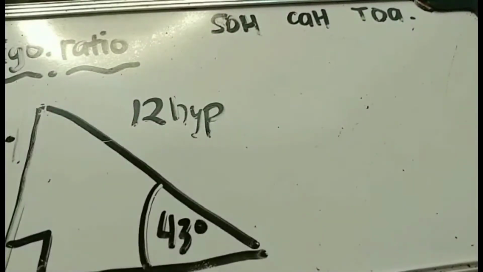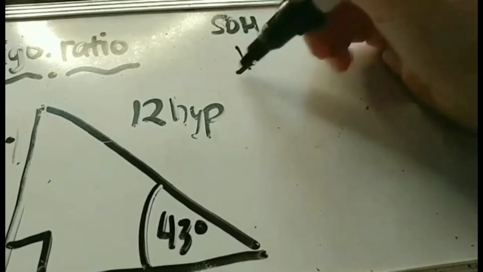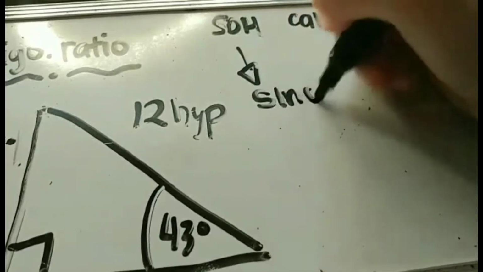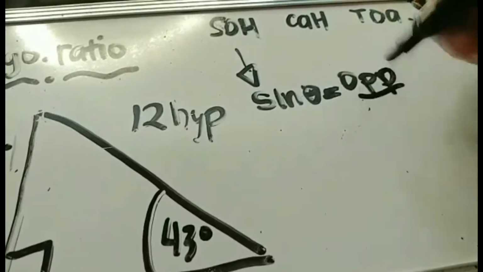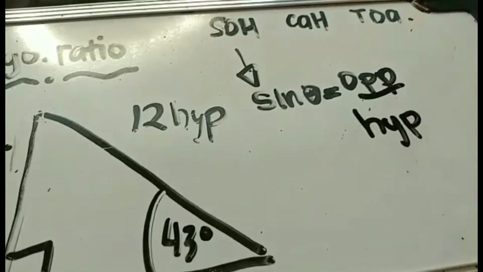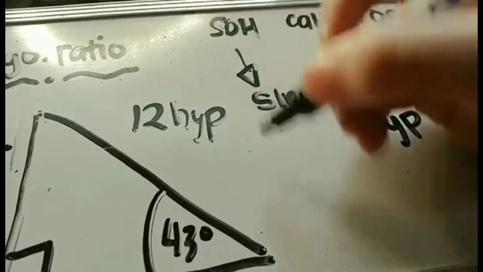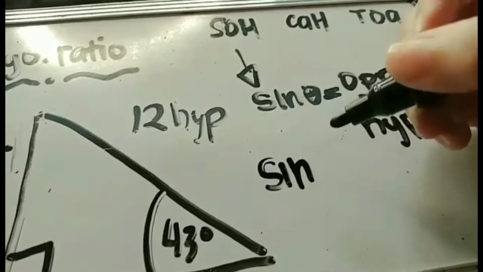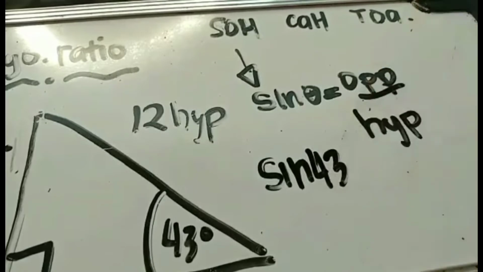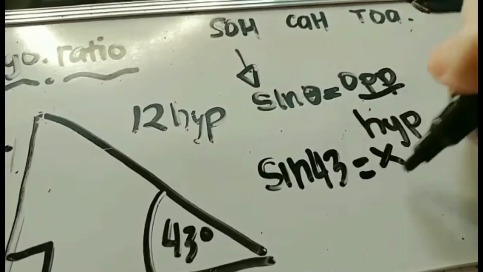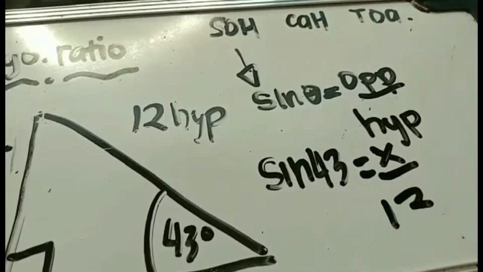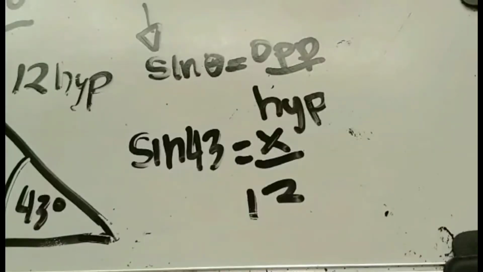So that's what I said earlier. For the SOH, we will use sine theta equals opposite over hypotenuse. So we will copy sine and put 43 here as the angle, and the opposite is x over 12. To get the x by itself, I'm going to multiply both sides by 12.